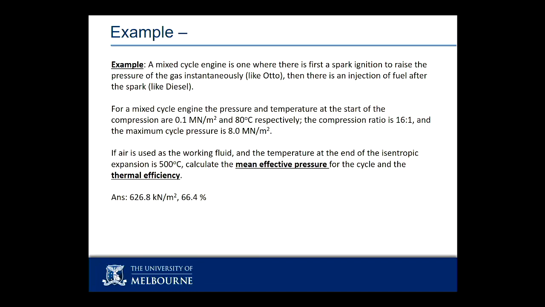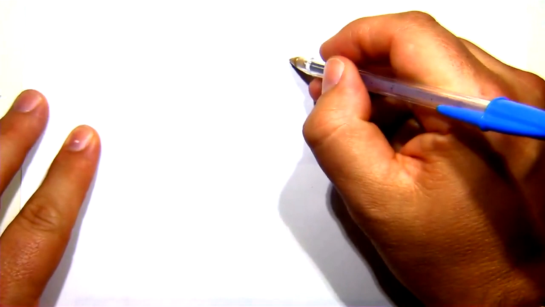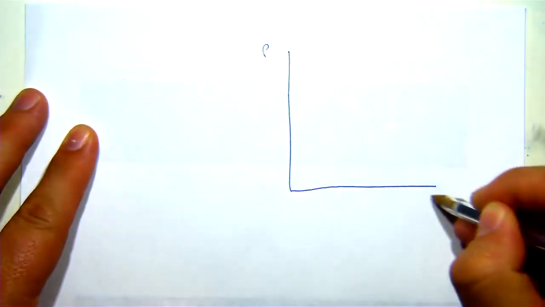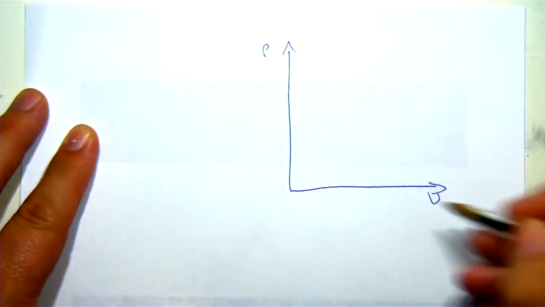Anytime I need to work out net work, I need to work out my temperatures all the way around this process. So let's draw the process and get the question started. At the moment, you're looking at it wondering what this even looks like. It looks like a combo. So let's draw the graph before we do anything so that we've got it all mapped out nicely. P, V axes.